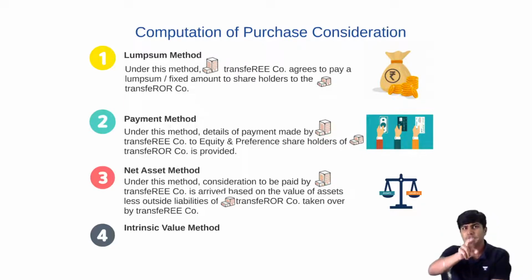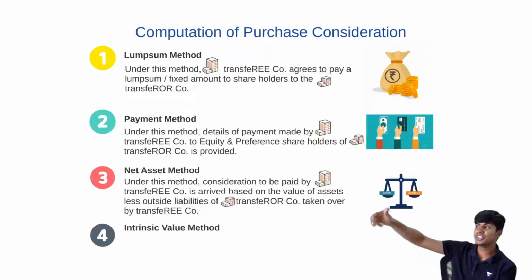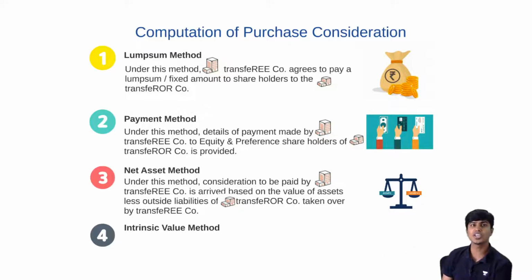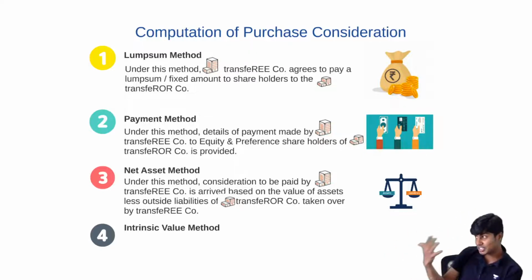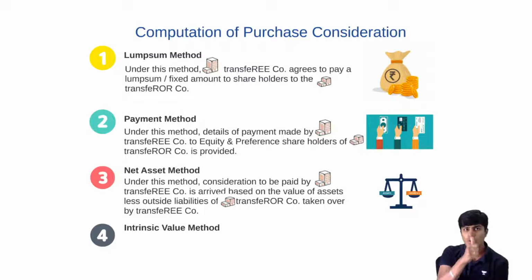We tell some ratio, no? Shareholders of the transferor company, for every 3 shares held in the transferor company, get 2 shares in the transferee company. For every 5 shares in the transferor company, they get 3 shares in the transferee company. They state this ratio. How do you arrive at this ratio? How do you arrive at this 5:3, 2:3, 1:2, or 6:8, whatever ratio?